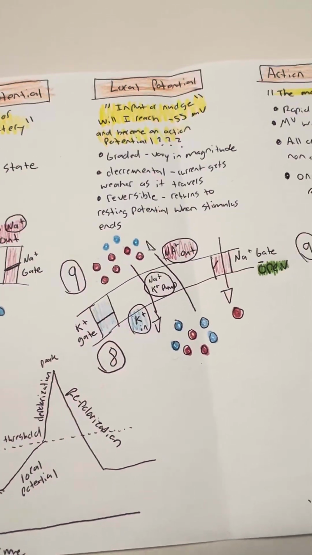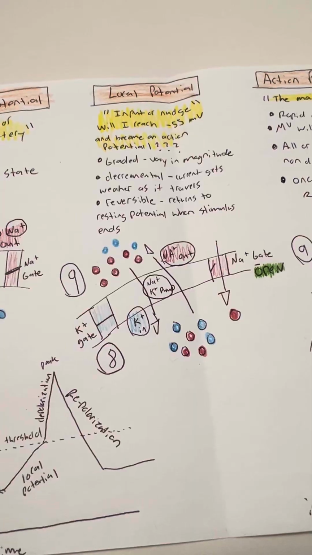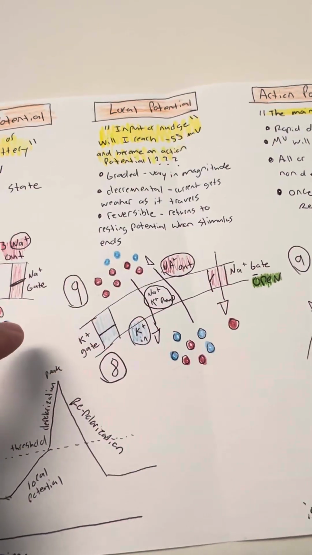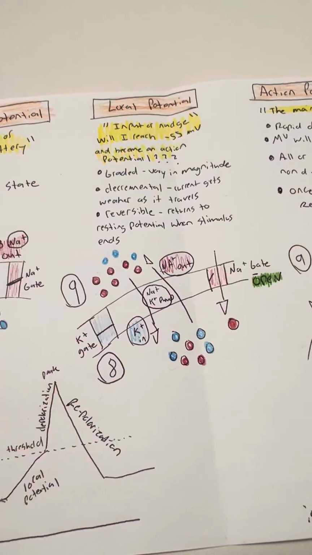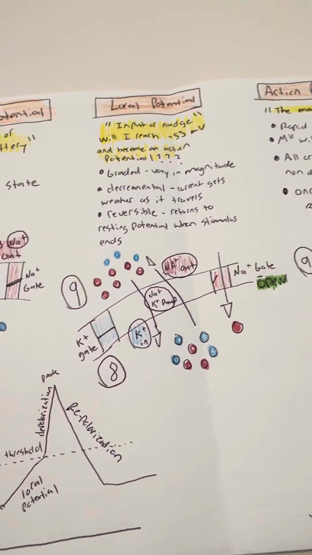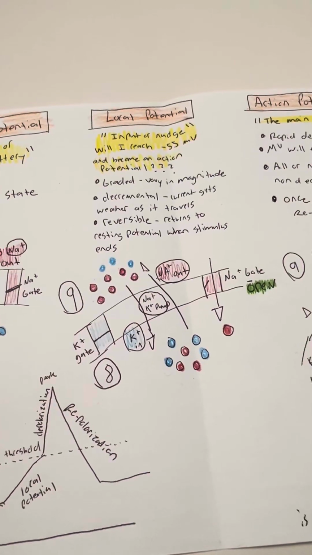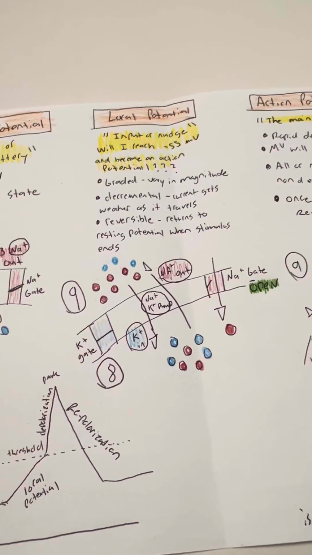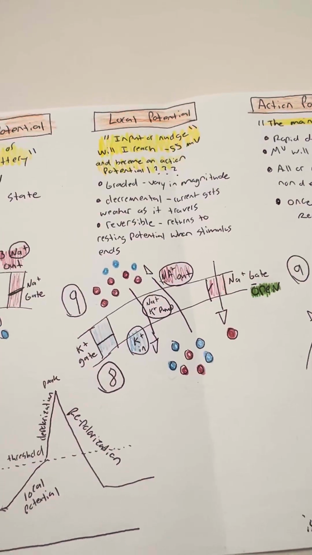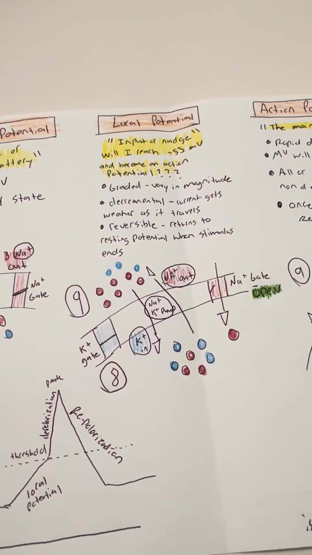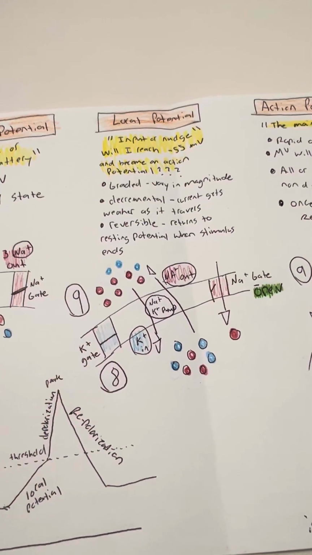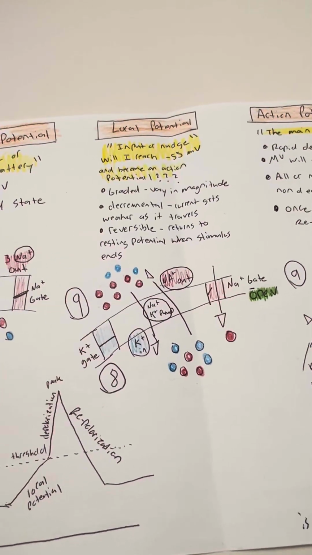However, when there's a stimulus and the local potential begins, there are two gates within the cellular membrane as well, and things will begin to happen in addition to that sodium-potassium pump, which is always going. In this case, the sodium gate opens up, and by the way, these gates use diffusion, so no ATP is being used, compared to the sodium-potassium pump, which is active, so ATP is being used.